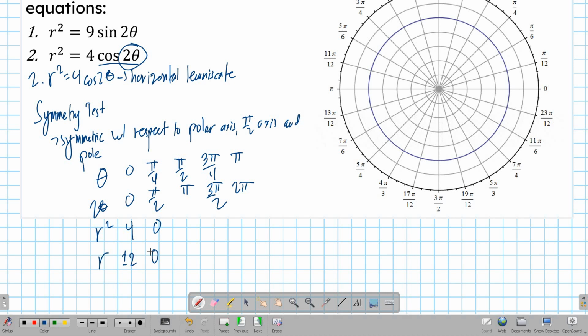Cosine of pi is negative 1 times 4. That's negative 4. So this is imaginary. We don't place that there. Cosine of 3 pi over 2 is 0. Square root of that is 0. Cosine of 2 pi is 1 times 4. So that's 4. Then plus minus 2. Alright.